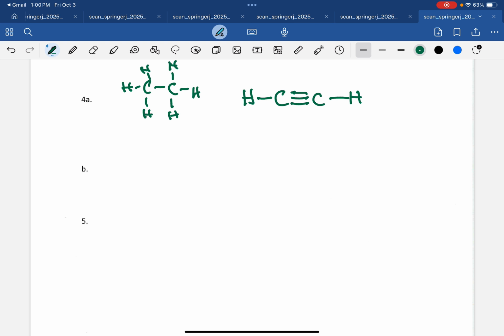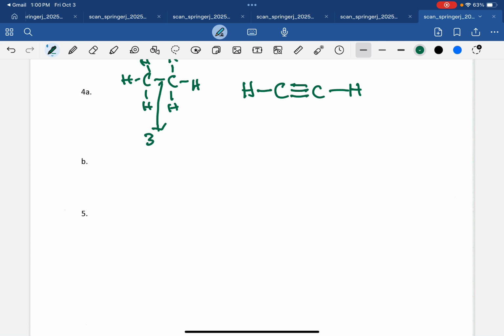That is letter 4A. It says that this bond here has an energy of, what, 350 kilojoules per mole. And it wants to know about this one, higher or lower than 350. So being a triple bond, it's going to be a much shorter bond, and shorter bonds are stronger.